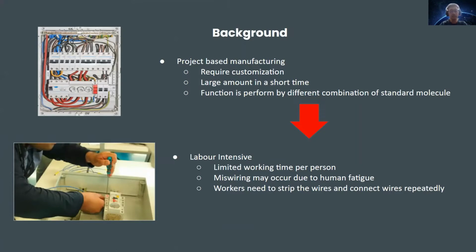The manufacturing of those boards is labor intensive work, and as we all know, this kind of job has a lot of problems, like limited working hours. Human errors may occur during the wiring process, and the worker's health may even be damaged since it is a repeating job to insert and plug in the wires.